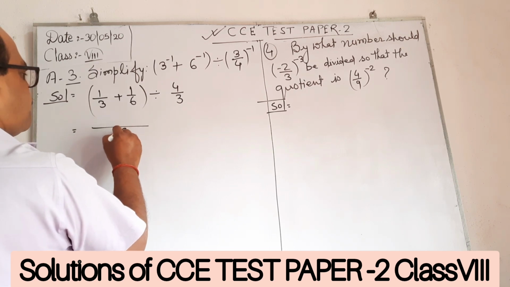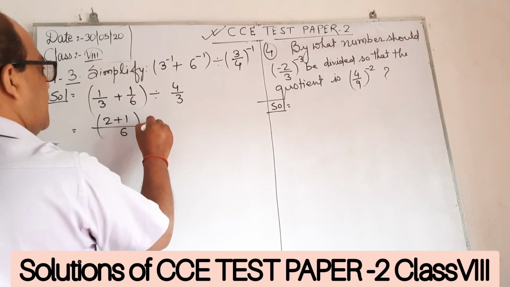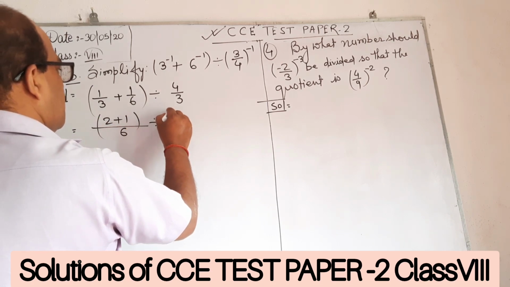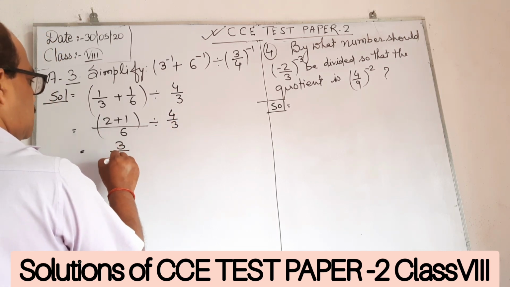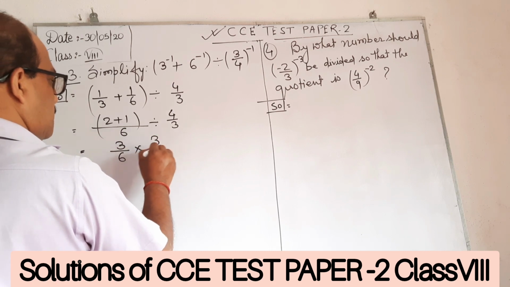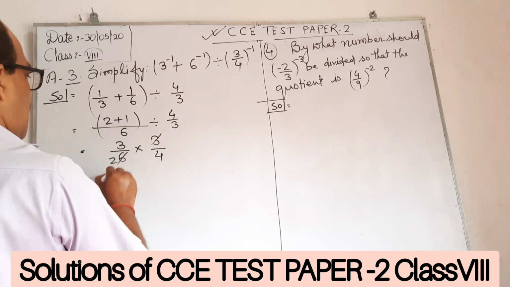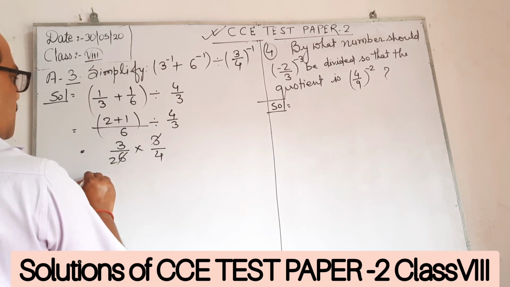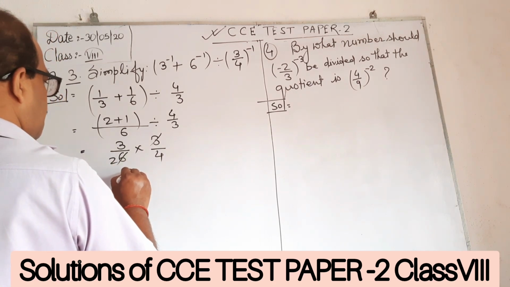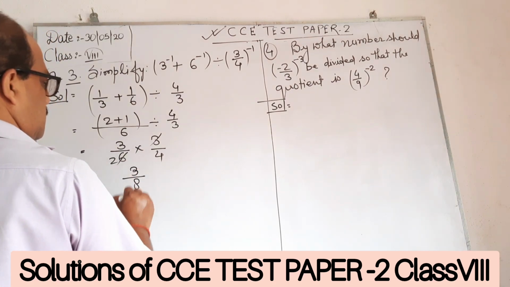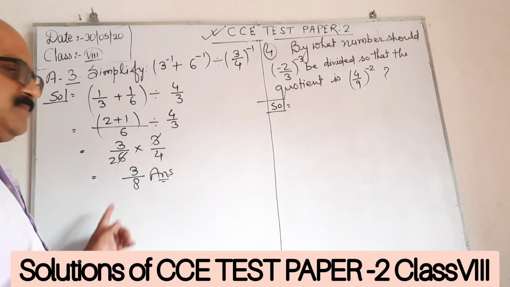Take the LCM, 6: 2 plus 1 divided by 4 by 3. Here 3 by 6 into 3 by 4, and this answer is 3 by 8. This is the value of it. Am I right?